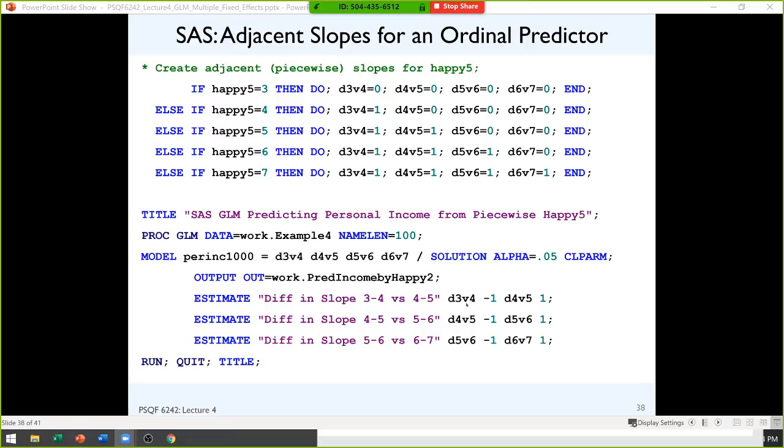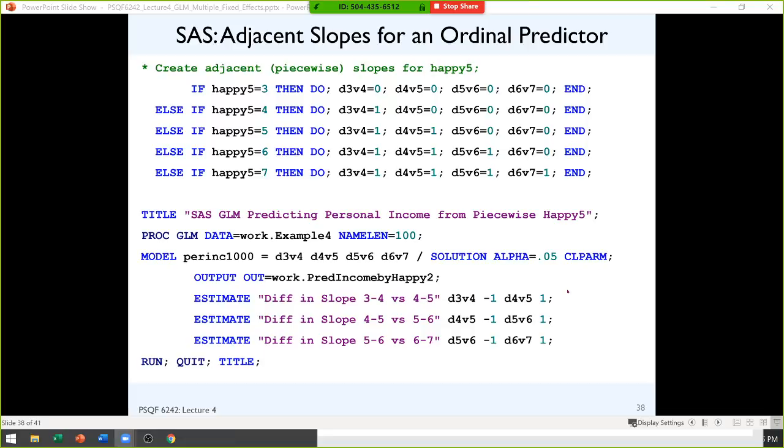I then asked, as linear combinations, differences in the slopes to know if the slope changed, so to speak, in between each jump. So is there a different slope from 3 to 4 versus 4 to 5, a different slope from 4 to 5 versus 5 to 6, and a different slope from 5 to 6 versus 6 to 7?